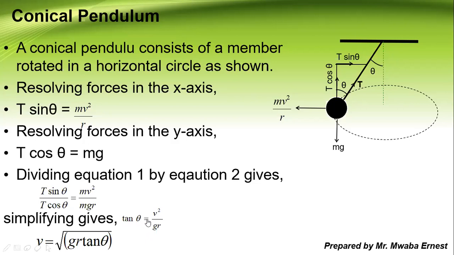So tan theta equals v squared over gr. That is our expression. From this expression, we can now make v the subject of the formula. If you notice v is carrying a square, you multiply both sides by gr. You have gr tan theta on one side, on the other side you have v squared. So if you make v strictly the subject, you will need to get a square root for both sides. That's how come we have this now, square root of gr tan theta.